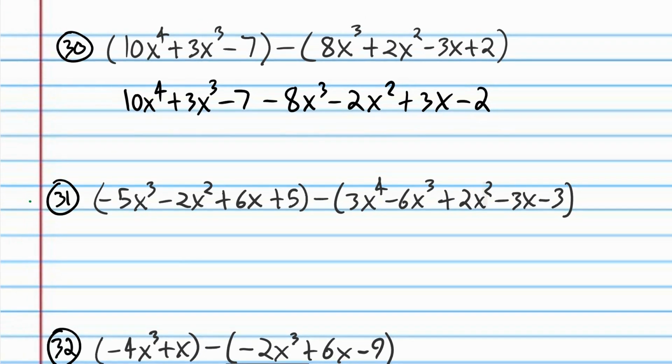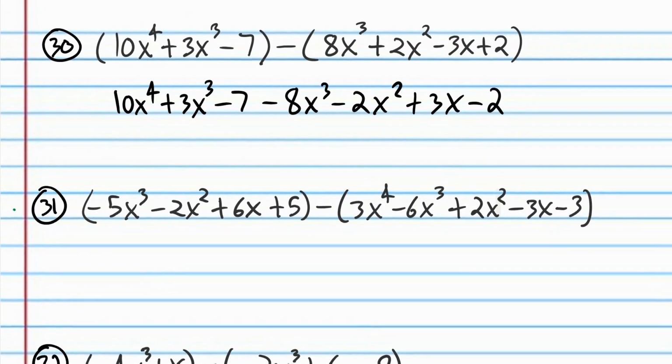Now we have the same problem that we had when we were adding polynomials. We just combine like terms. So it looks like we have a 10x to the fourth term, and 3x cubed and negative 8x cubed make negative 5x cubed.